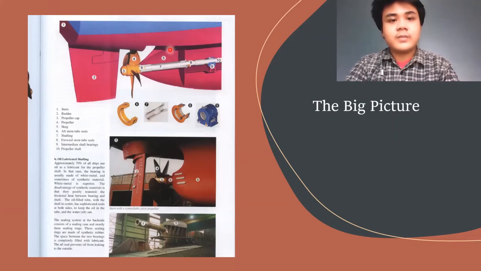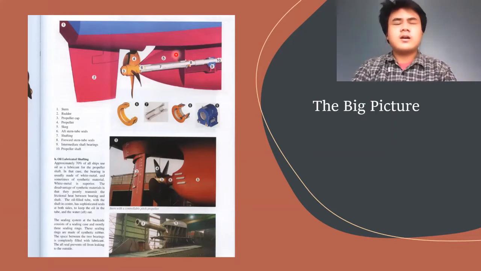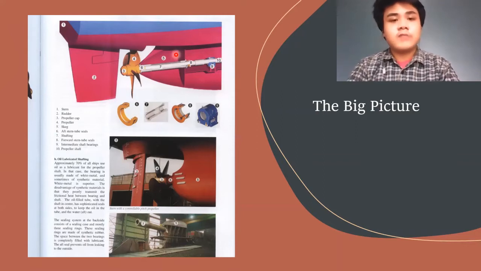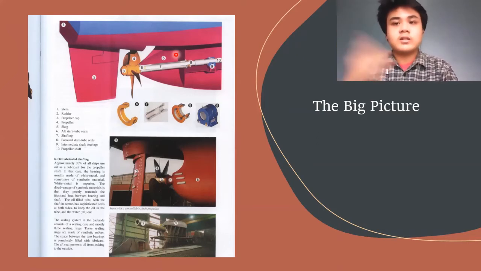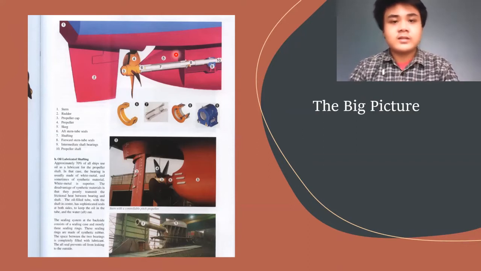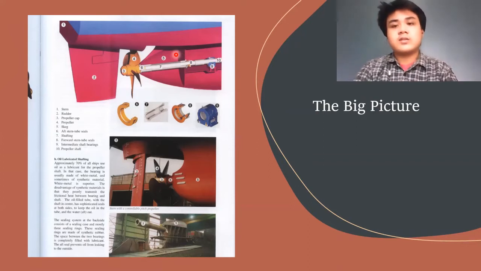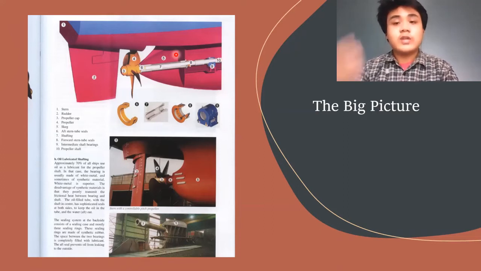Number 5 is a seal of the stern that is used to protect the propeller from dust or water and so on. And the rest, number 6 until 10, is called the shaft. It is used to connect the propeller with the machine in the engine room.